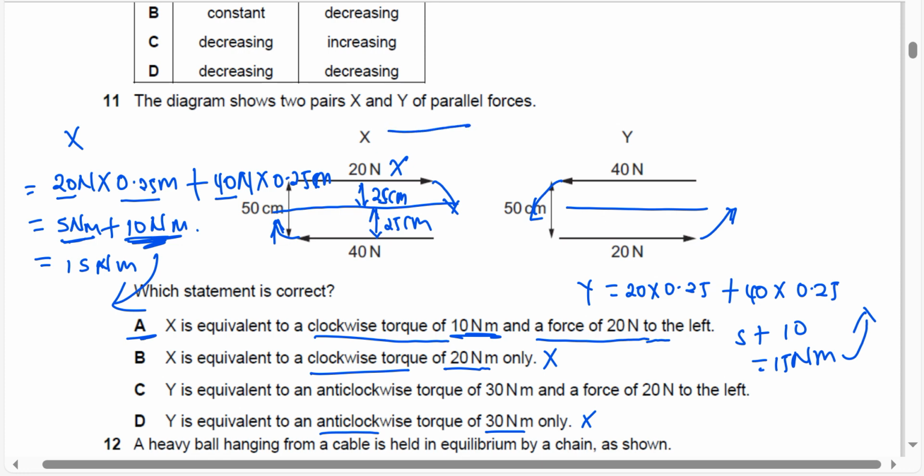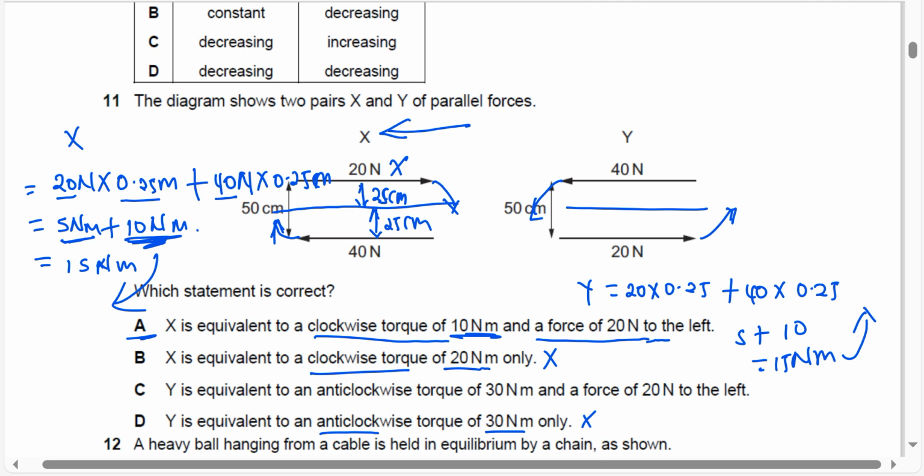Assume you have a force of 20 newtons to the left, wherever you put it, it will cause a moment which cancels out the moment caused by 20 newtons. Or alternatively, a force of 20 newtons to the left would cause a moment of 5 Newton meters, but in the opposite direction, to cancel out the 5, which was the other way around.